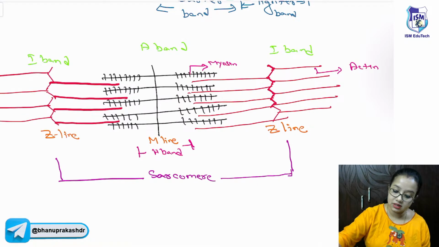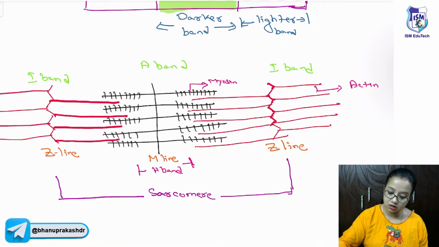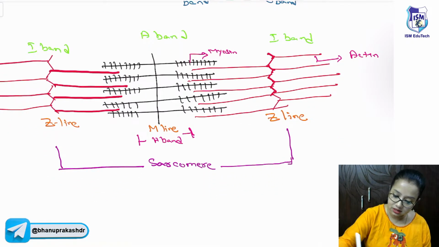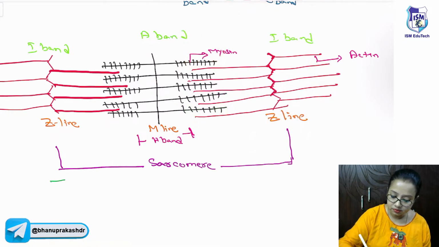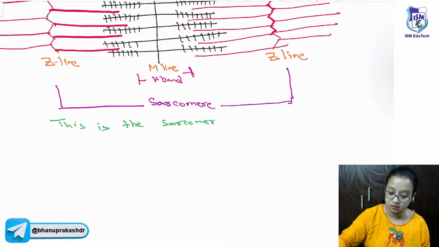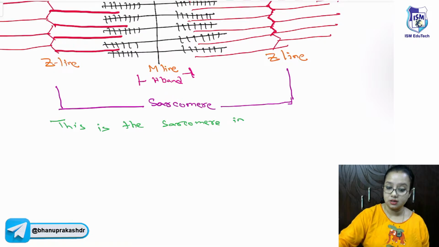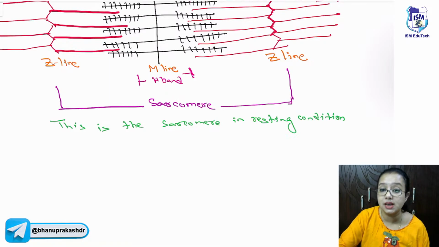Now, this configuration that we have studied is the sarcomere in resting condition, meaning when the skeletal muscle fiber is in relaxed condition and has not contracted at all.